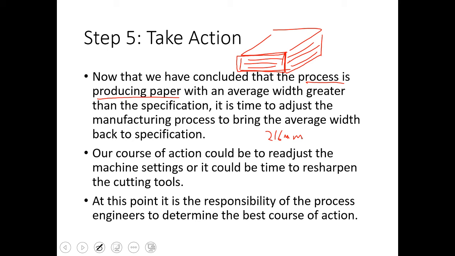So that is the conclusion. We have to change the machine or the manufacturing process, or something like that. We need a more accurate way to produce this paper. Otherwise, our paper is always greater than 216 millimeter. Okay, so that is taking action.